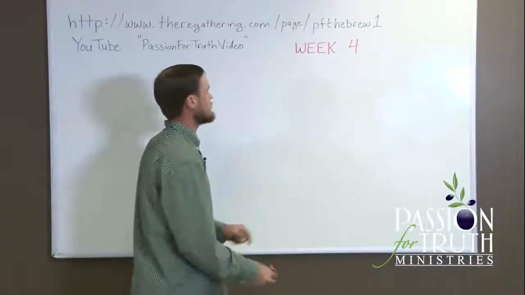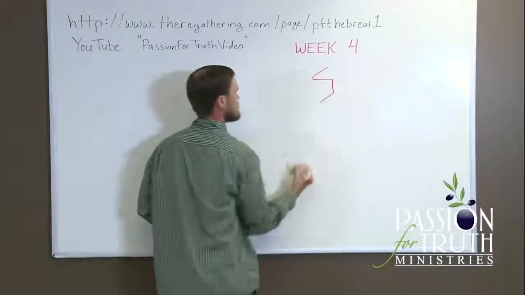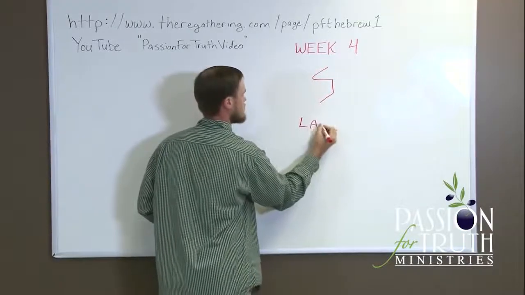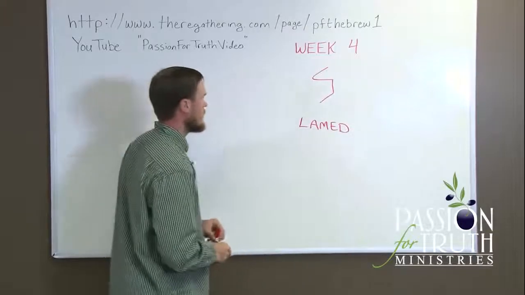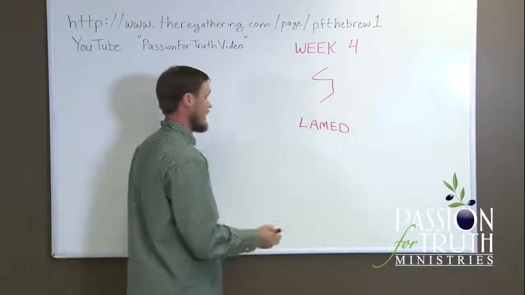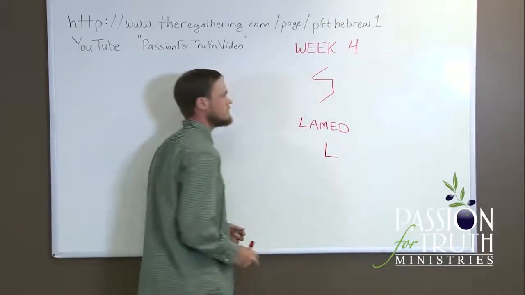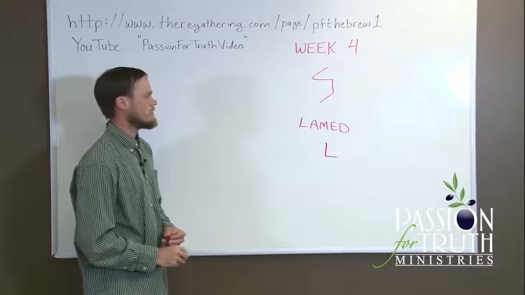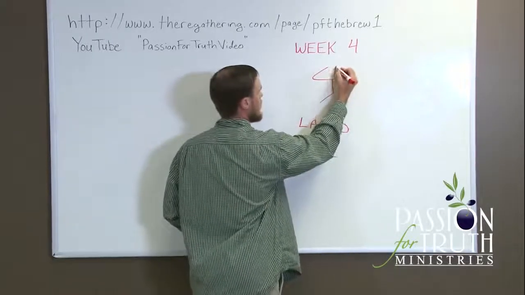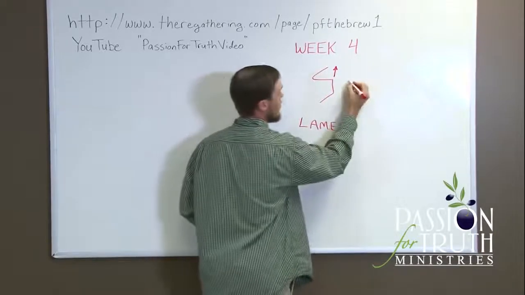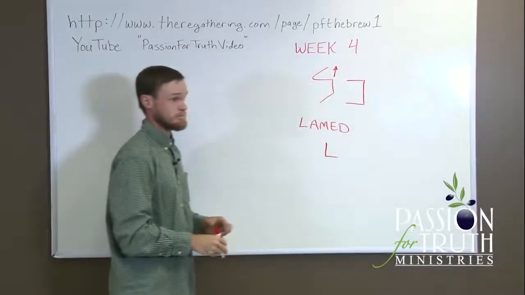Our next letter is the Lamed. Lamed makes the sound of the letter L. The Lamed, you'll notice, sticks up here, so next to, say, a Kaf, the top of the Lamed extends above the line.